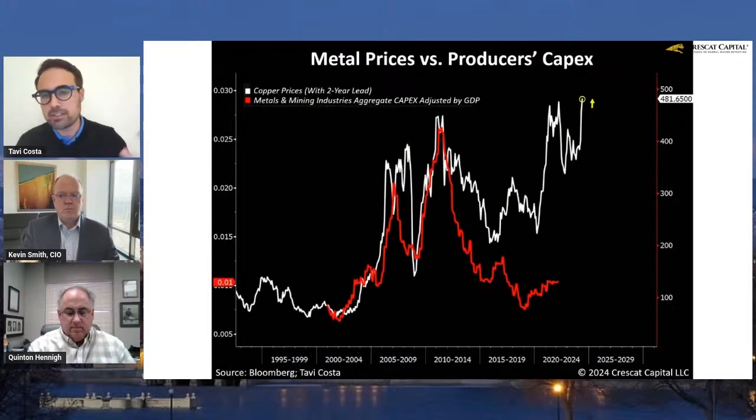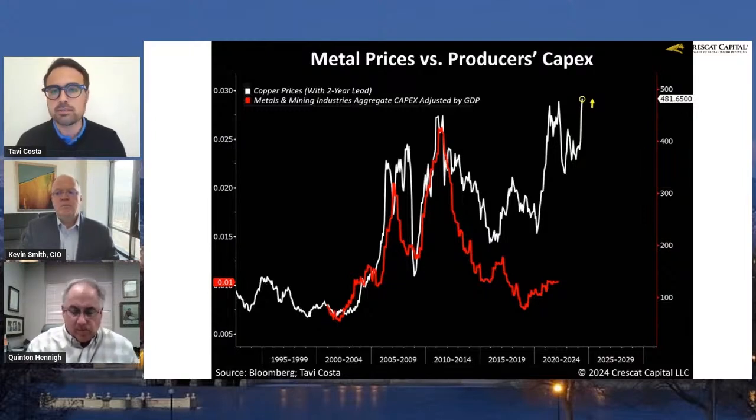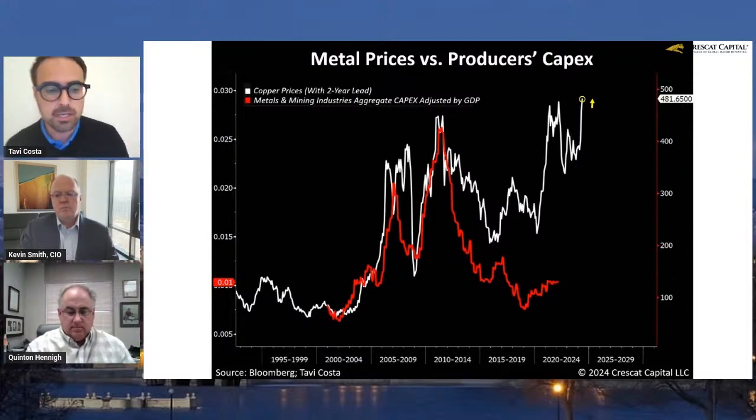You can see what fixes those problems is usually increasing supply of commodities. But the problem is we're just not seeing that. The main reason for that, especially on the metal side, has to do with the fact that companies have just not spent enough. Usually there's a lag in this dynamic of producers' capex.